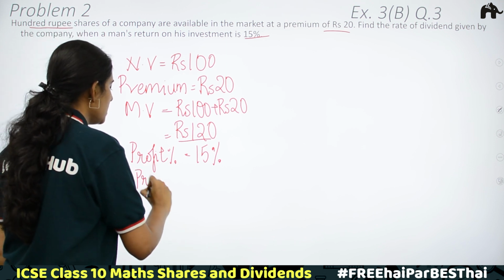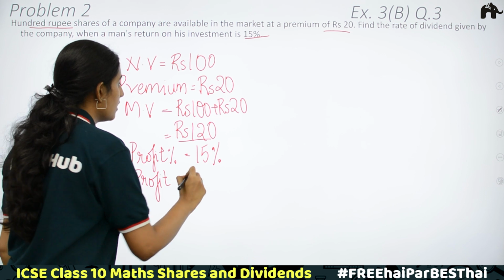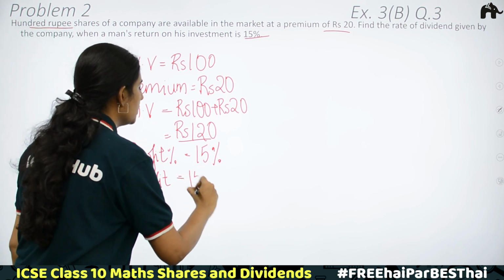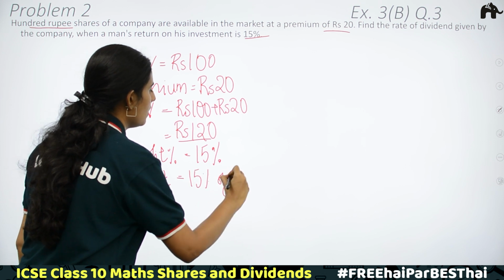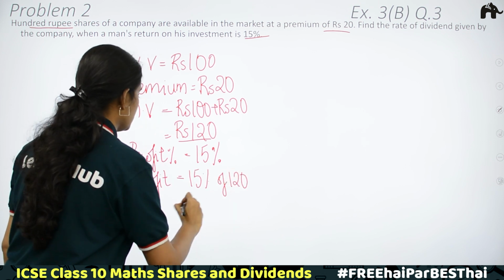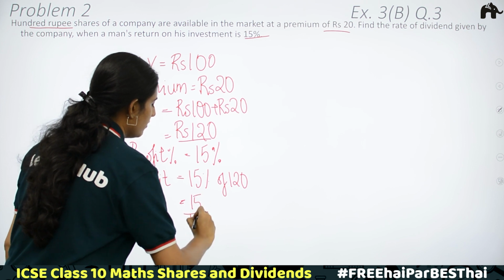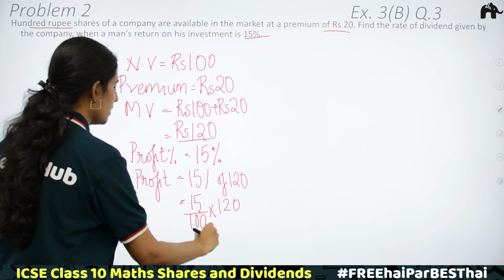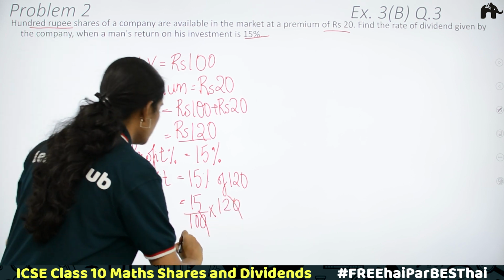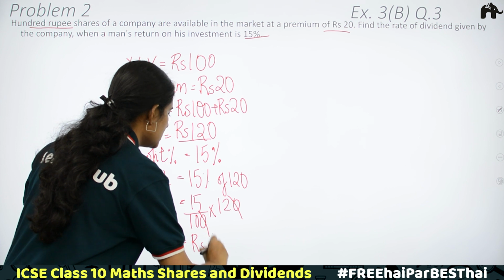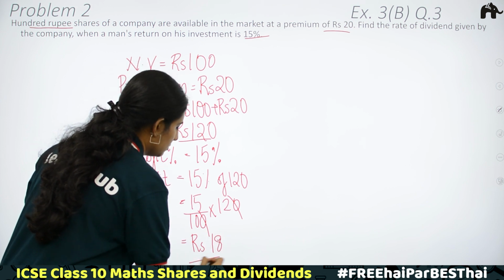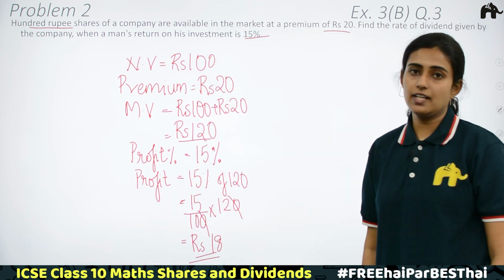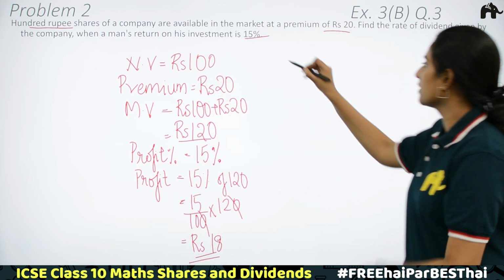Profit is calculated with respect to market value, not the nominal value. Profit is equal to 15% of 120. That is 15 divided by 100 into 120. You will be getting rupees 18. 15 into 12 is 180 divided by 10, rupees 18.